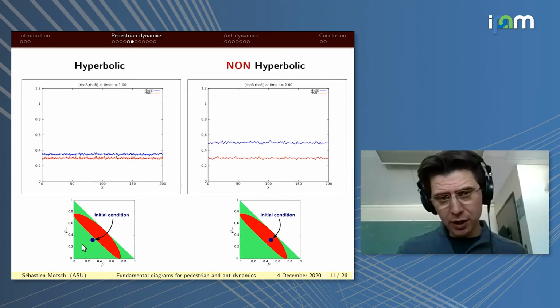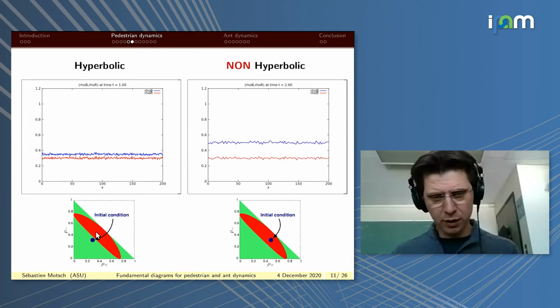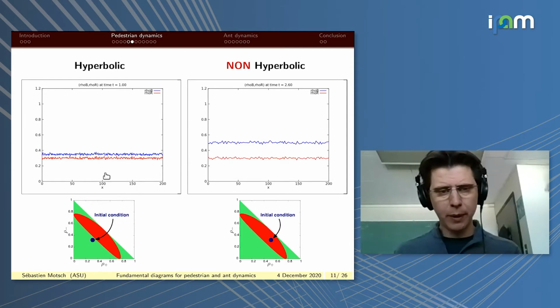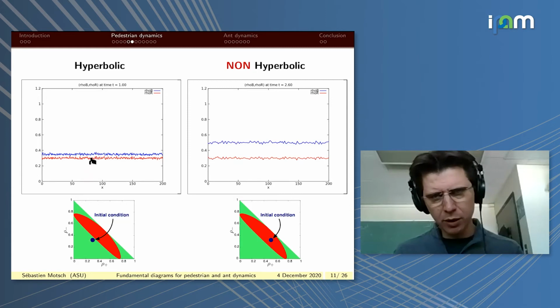So if I start with the initial condition inside the hyperbolic region, so here I'm not in this red zone, but close to it. What I mean is that rho plus is roughly at 0.3, a little bit above. This is the value that I put for the blue guys. And for rho minus it is almost the same, slightly less, the red one.